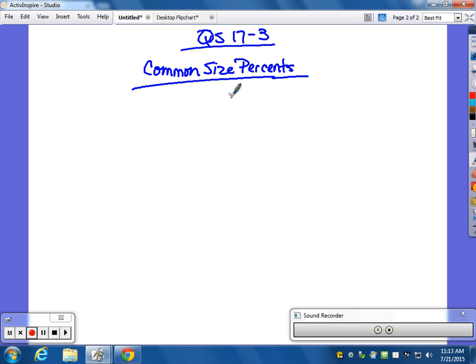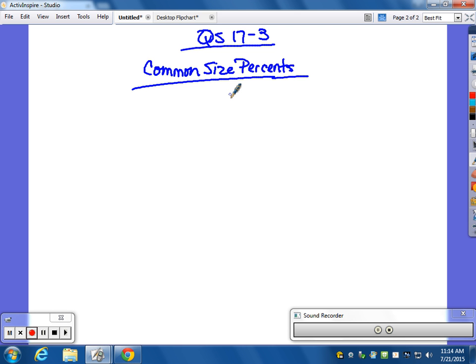So we use the cost of goods sold over net sales for each year.